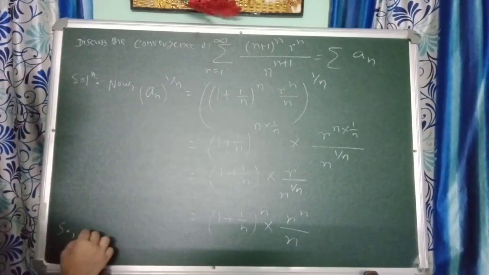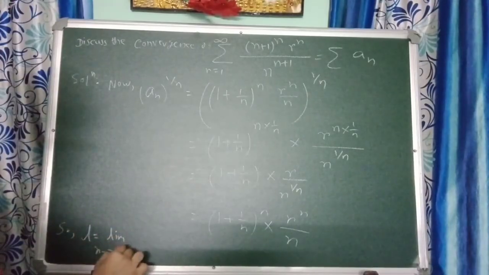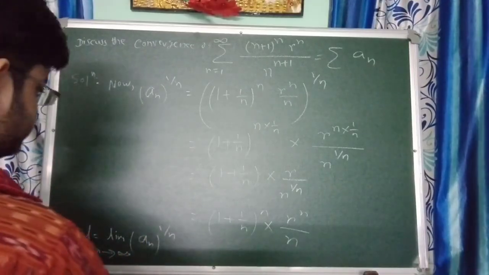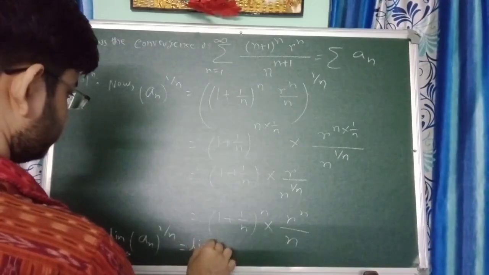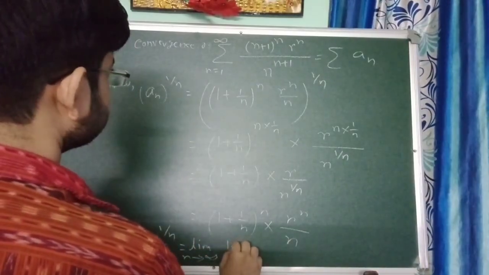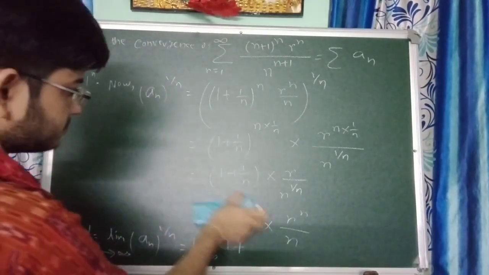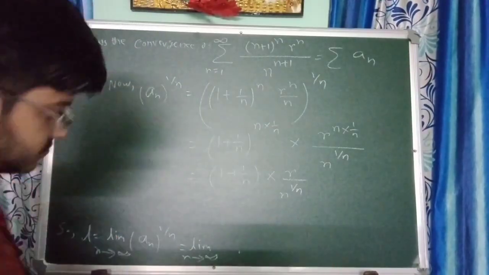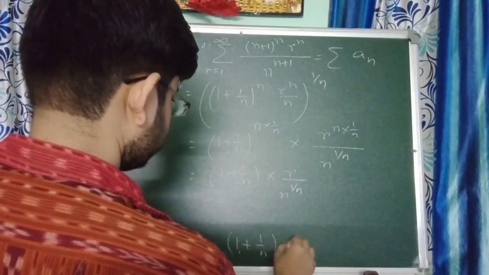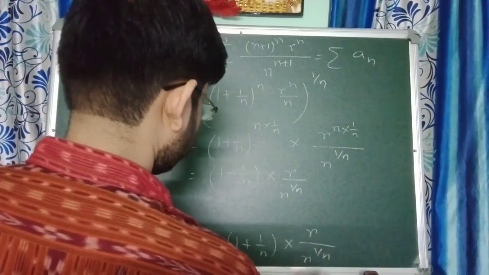So limit n tending to infinity of a to the power 1 by n equals limit n tending to infinity of (1 plus 1 by n) into r divided by n to the power 1 by n.